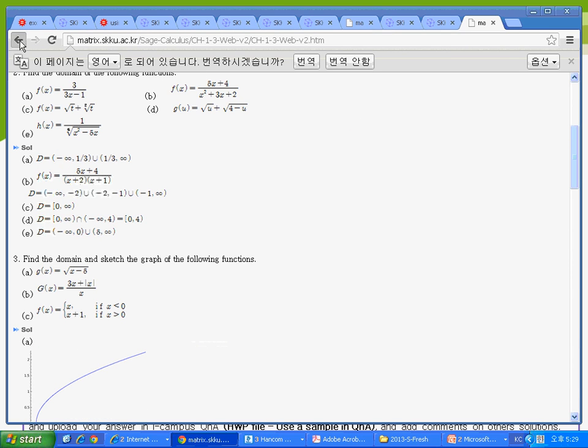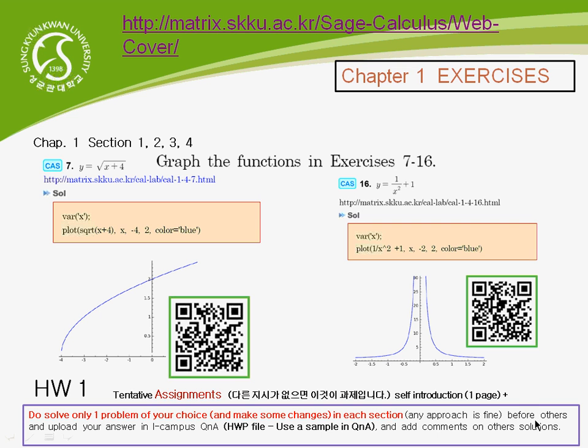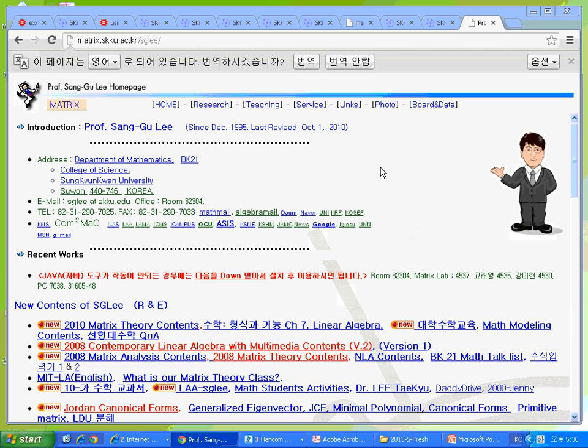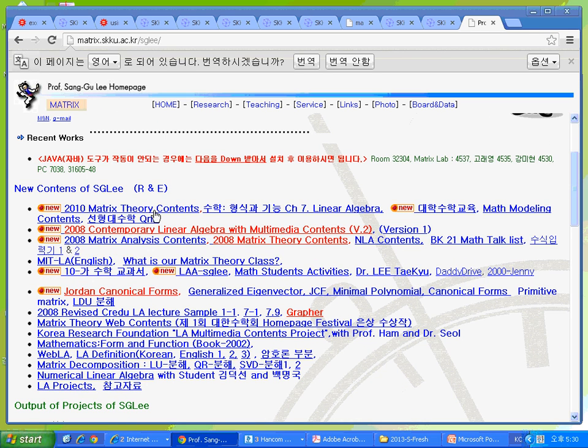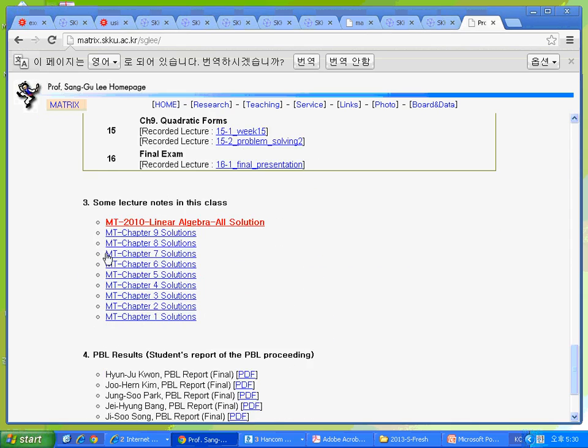Okay, so all you have to do is just choose a problem from these four sections and upload your solutions in this format. Okay? This is the way that you're supposed to do. If we go there, for example, you will find some of this.